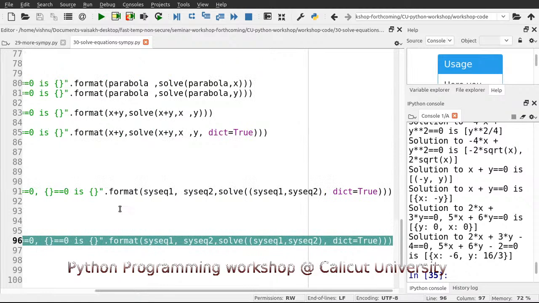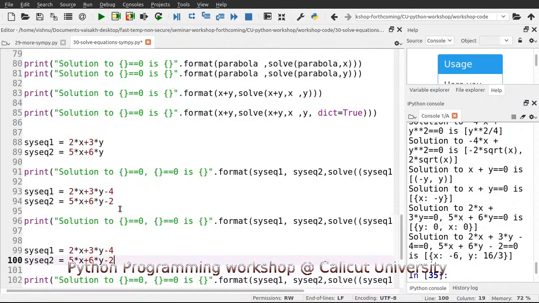So suppose we put them to be linearly dependent. If there are no solutions, it will simply print an empty list. If there are solutions, then only it will print. Suppose that we take them to be linearly dependent, then 2x minus 3y, keep it to be 0, and 4x plus 6y minus 2.